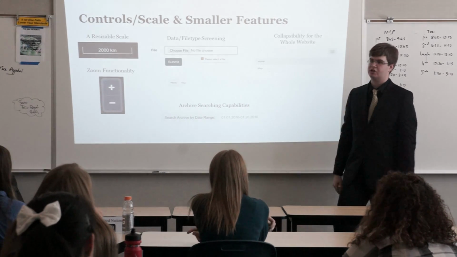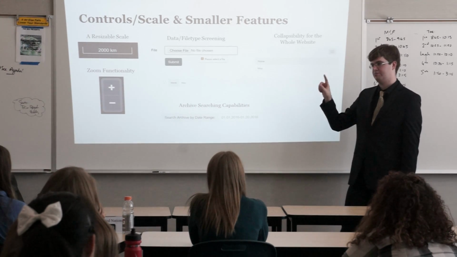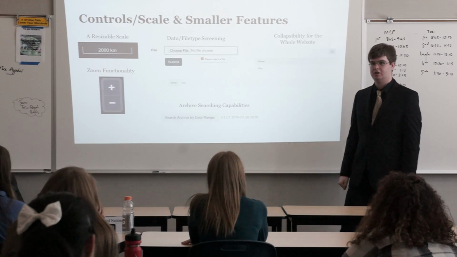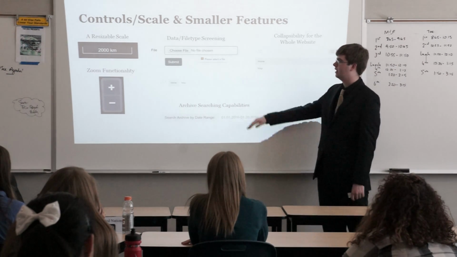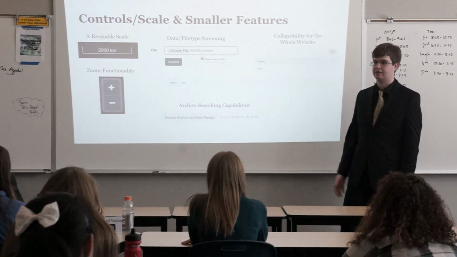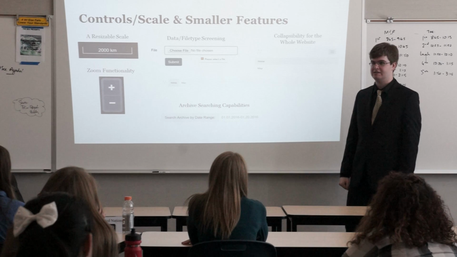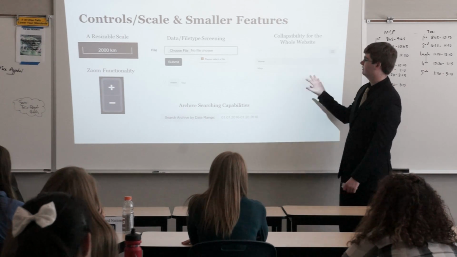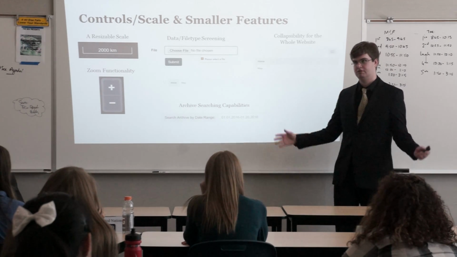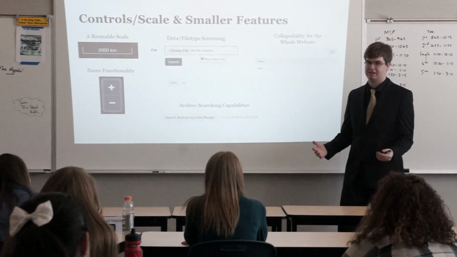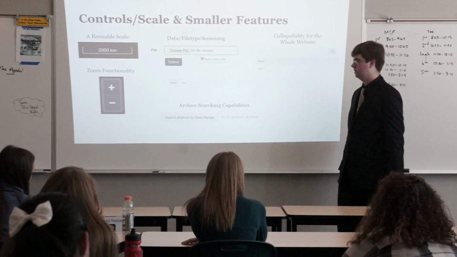And then zoom functionality, so there's a plus and minus button, or you can scroll with your mouse and drag and click. There's data type screening to make sure that you don't upload an image into your coordinate database, stuff like that. Collapsibility, so that you can half-screen it without the website collapsing.